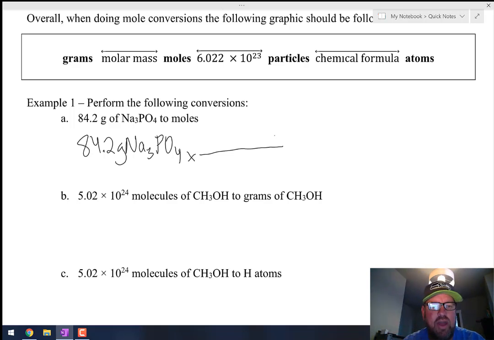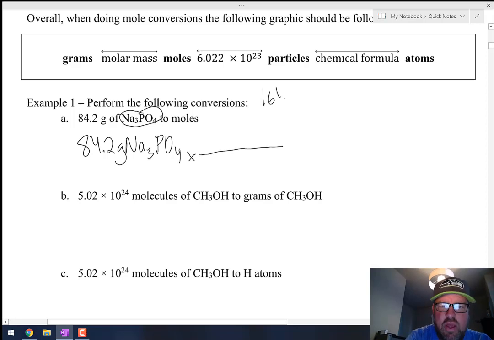I'm going to multiply that by 3 because there's 3 of them. Then I'm going to add the mass of phosphorus, which is 31. And then I'm going to add the mass of oxygen, which is 16, and there's 4 of them. I typed in a number wrong. And it equals 164. So the molar mass of Na3PO4 is 164 grams per mole.